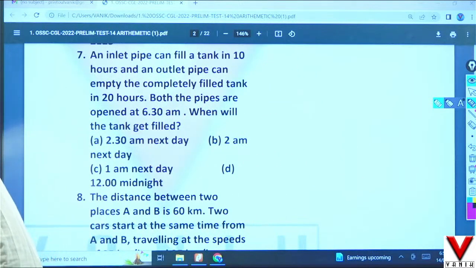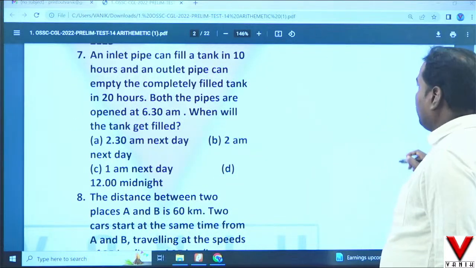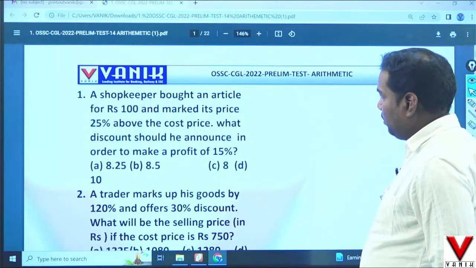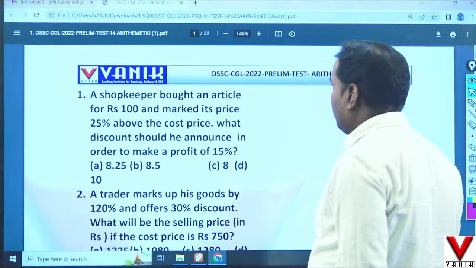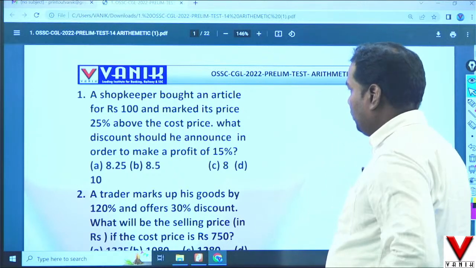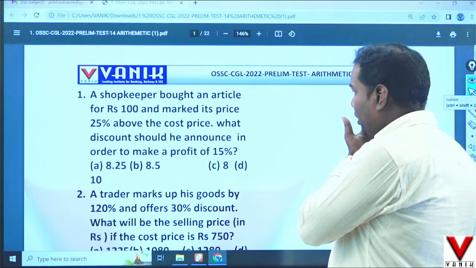First answer is 10, option D. But the discount should be announced in order to make a profit of 15%.